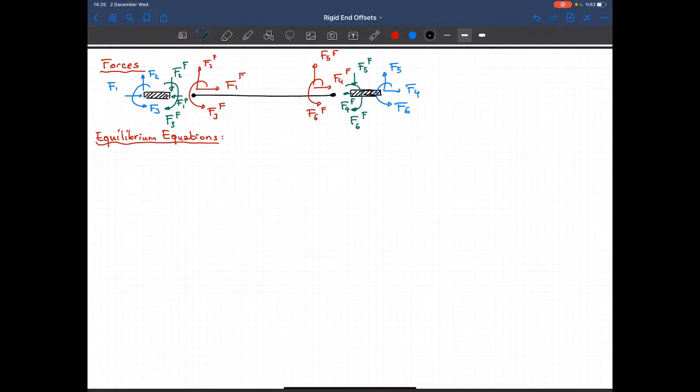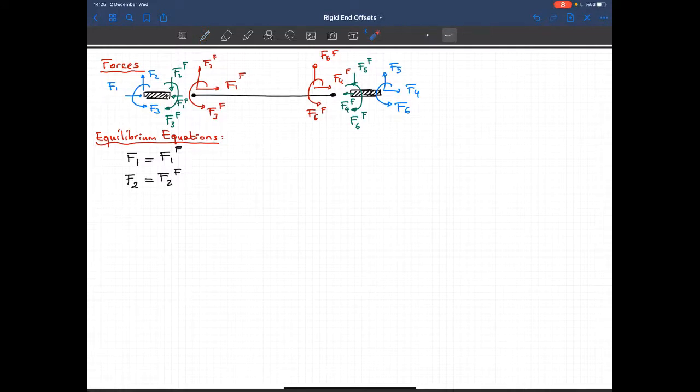Now I'm looking at these free body diagrams, and I'm writing the equilibrium equations. So the equilibrium equations tell me that, working on this free body diagram, sum of forces in the x direction must be equal to 0. So this tells me that F1 should be equal to F1F. Sum of forces in the y direction must be equal to 0. I got F2 is equal to F2F. Sum of moments must be equal to 0.